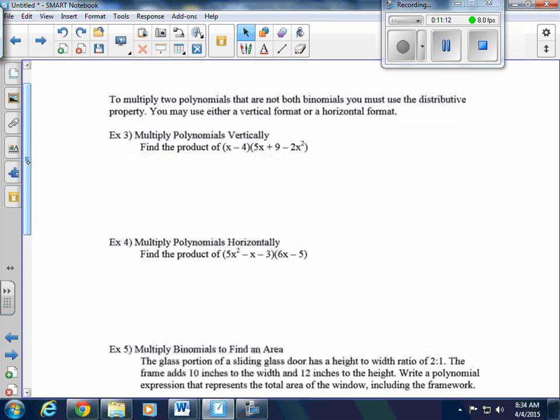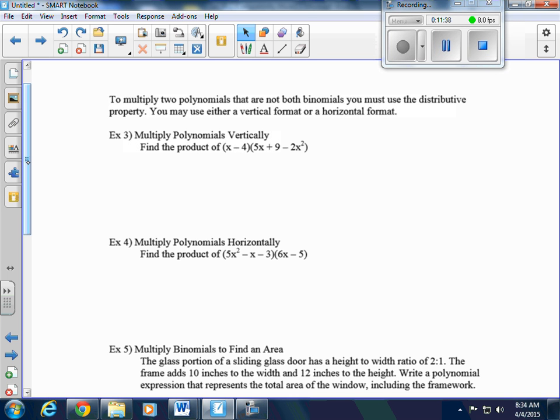All right, so yesterday we talked about multiplying 2 polynomials that were both binomials. Okay, we used the FOIL method, we used the distributive property. Today we're going to look at what happens if those 2 binomials, or those 2 terms that we're multiplying, are not both binomials.